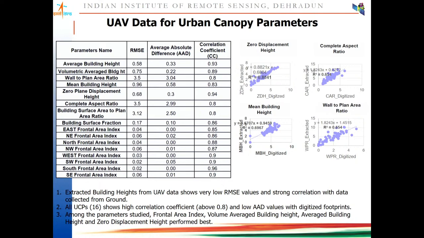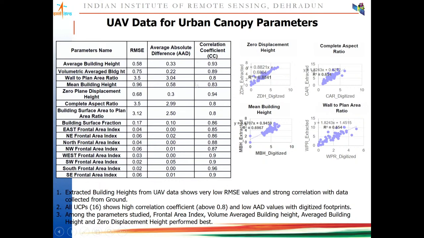In one approach we extracted the building footprint using the OBIA method, object based image analysis, and we also digitized the building footprint, and then we computed all the canopy parameters using the digitized building footprint as well as the classified building footprints. Here we can see that it has very good correlation in most of the parameters.